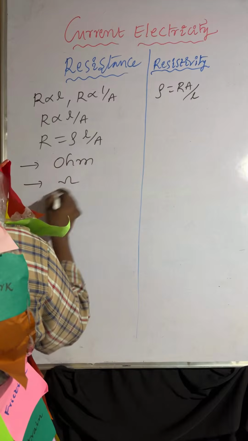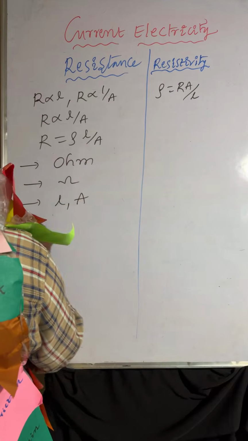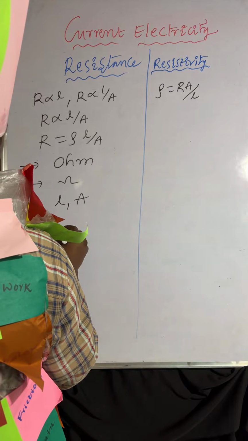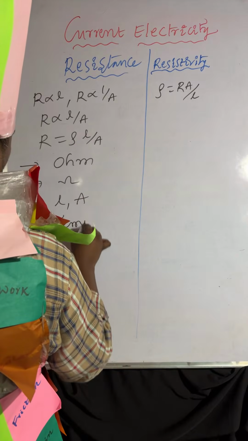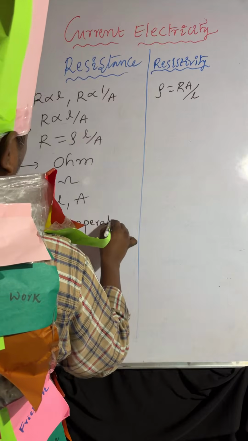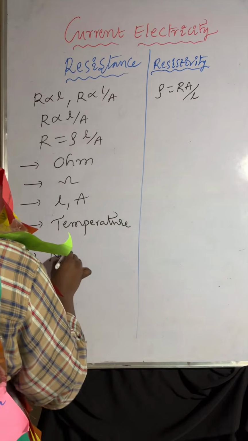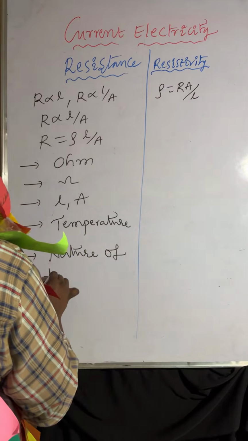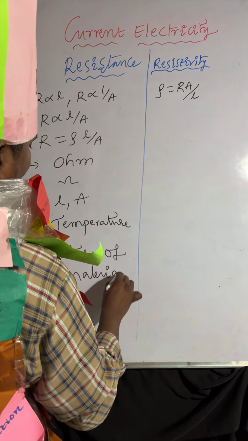Resistance depends on length and area of the cross section, on temperature, and on the nature of the material. Understood or not?